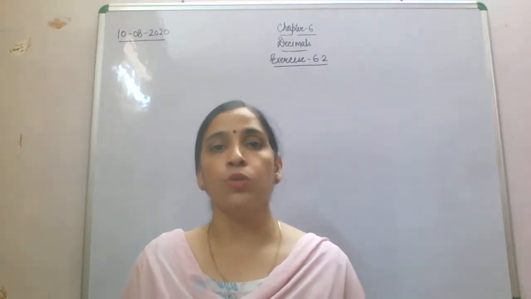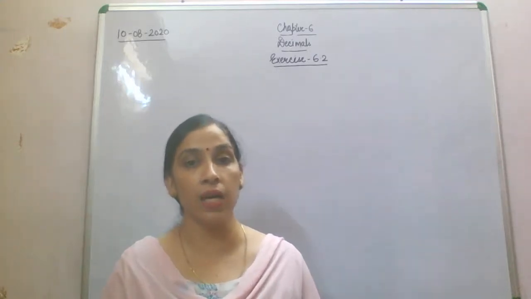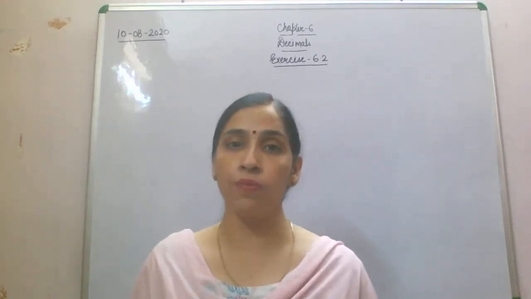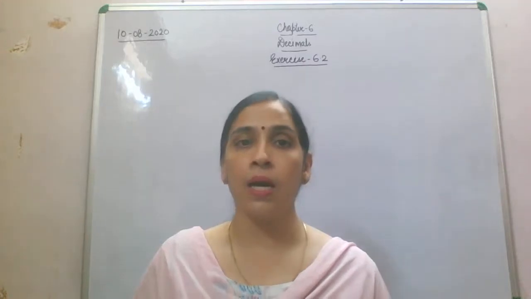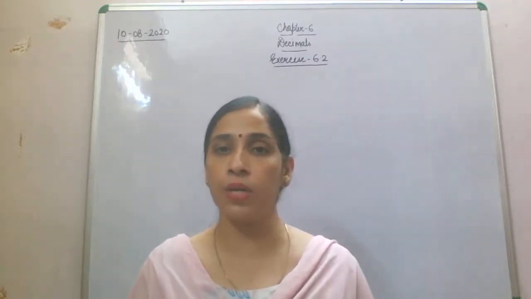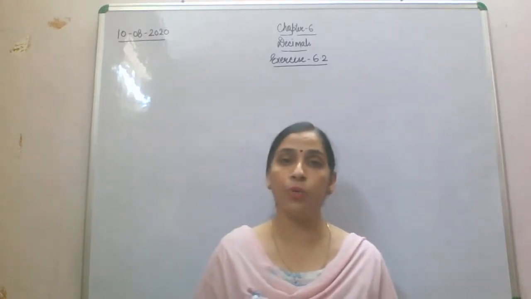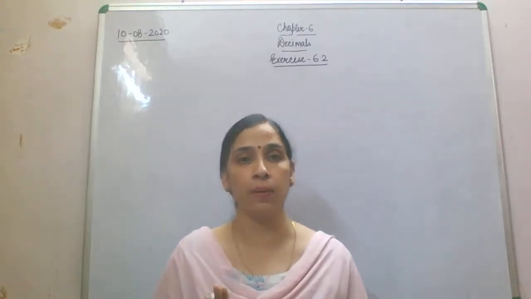So now children, yesterday we did expanded notation of a given decimal number, and from exercise 6.2 we completed questions number 1 and 2, which are related to expanded notation of a given decimal number.